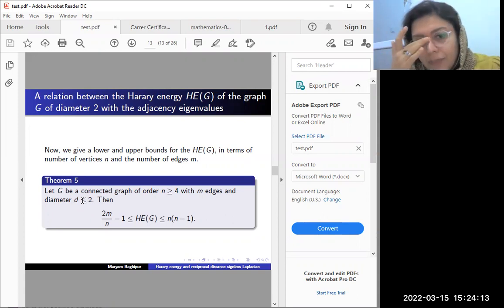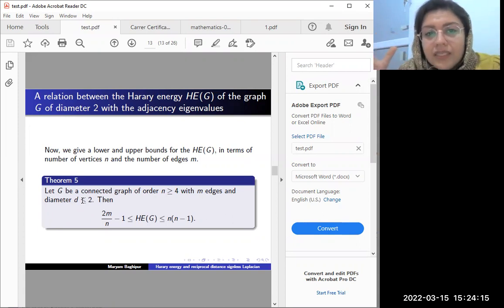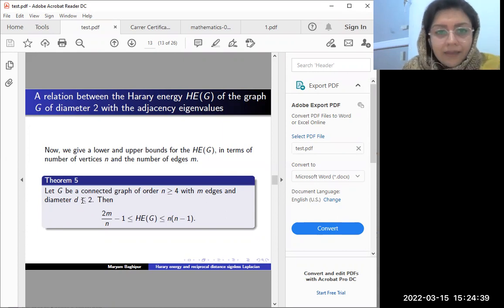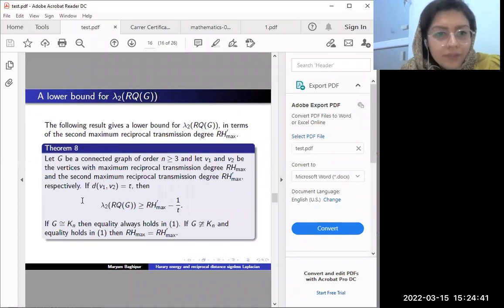In fact, we can easily obtain transmission and reciprocal transmission for a graph of diameter 2. And with this fact, we obtain some new results for some graphs based on distance or the reciprocal distance.